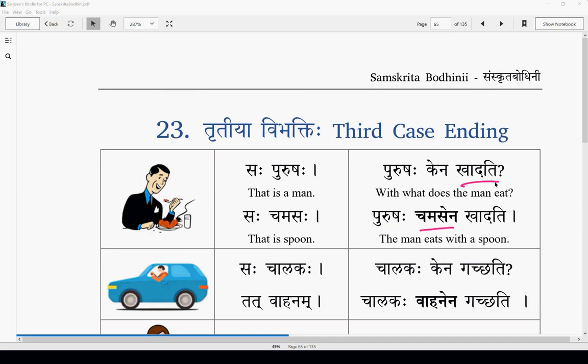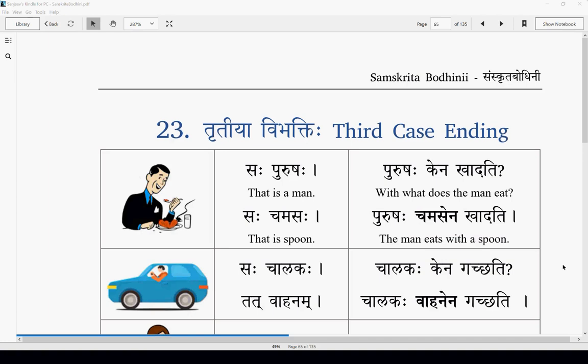Saha chamasaha, saha kena khadati, saha chamasena khadati. Khadana kriya, the eating action, is being performed using the instrument chamasa. So this is a medium for conducting the action. But the phala itself is being affected here by the eating action.